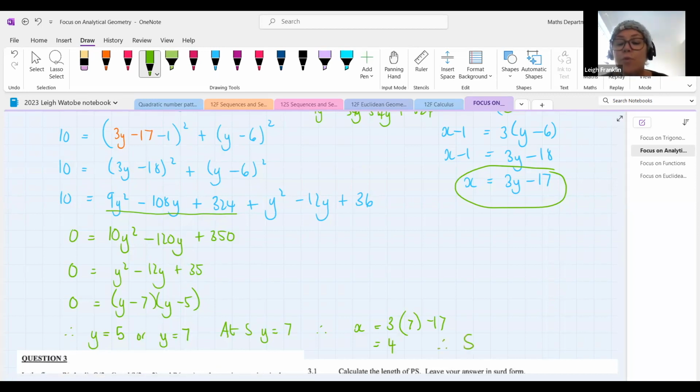So therefore, the coordinates at S are 4 and 7. Is that making sense to everybody? Are we all good?